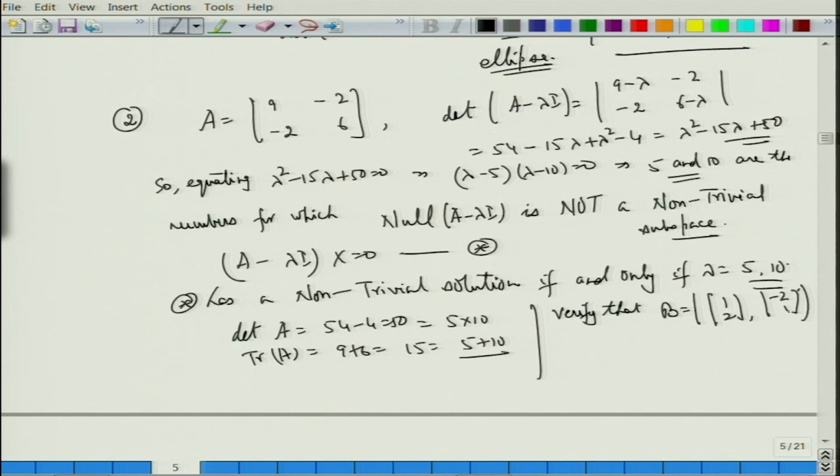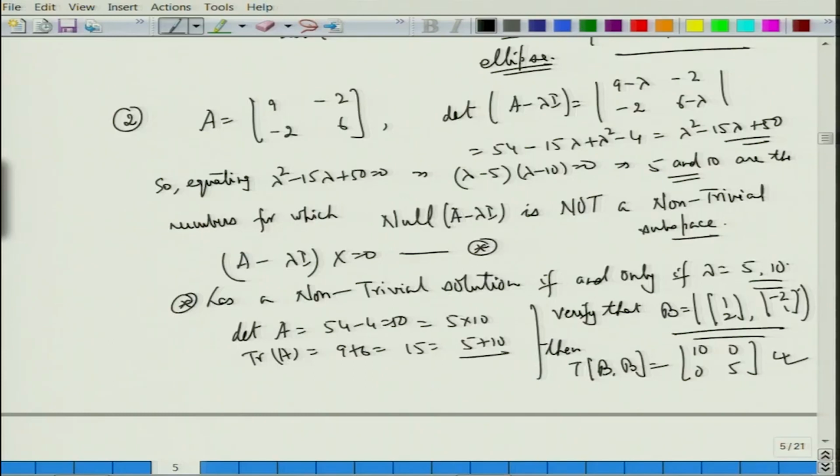If I take B as this, then T, the way we defined earlier, T of BB will be equal to 10 here, 0 here, 0 here, 5 here. All right, so this is the way it will look. Just try that out yourself.